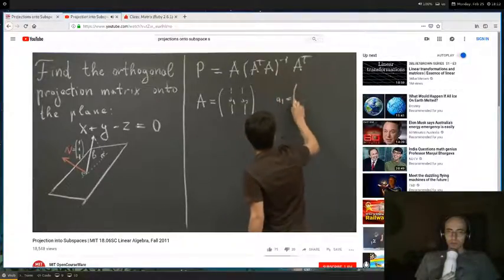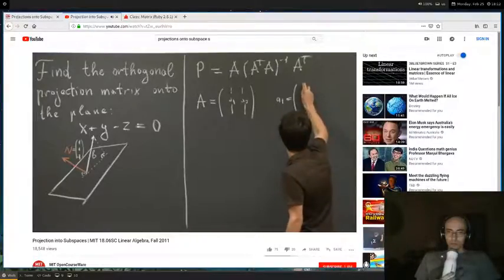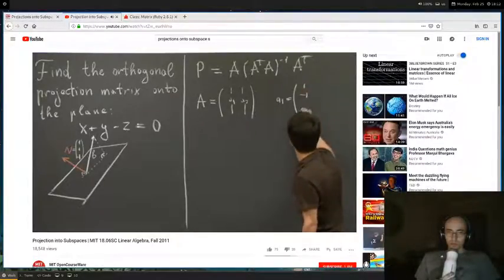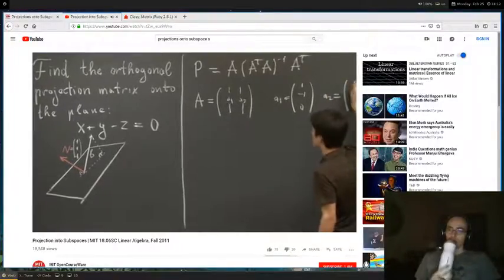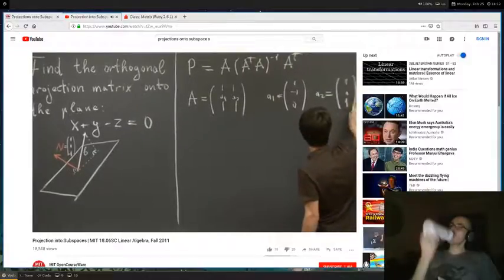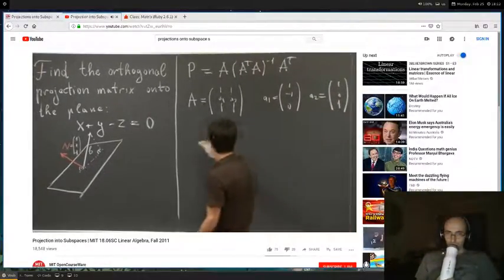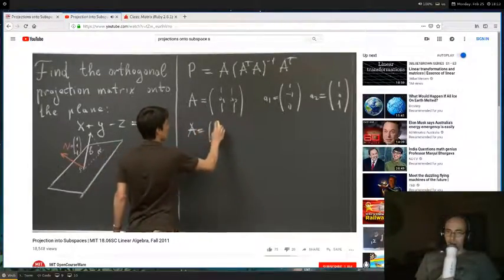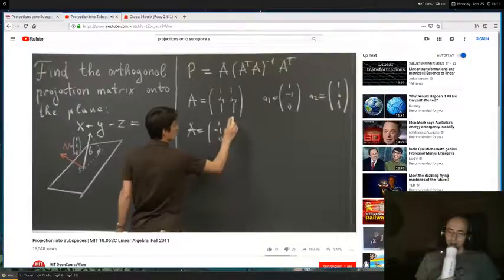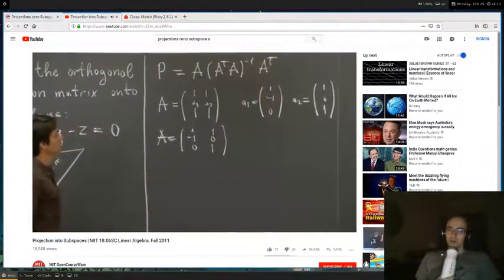One choice that works, for example, is 1, negative 1, 0 for the first column, and 1, 0, 1 for the second column. Okay? These are much better choices than the ones that I have devised. Still, he has to come to the same conclusion, the same solution that I did.